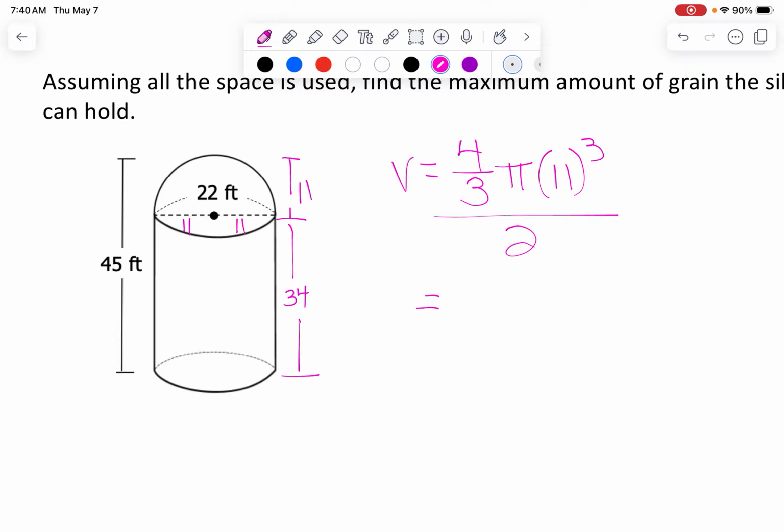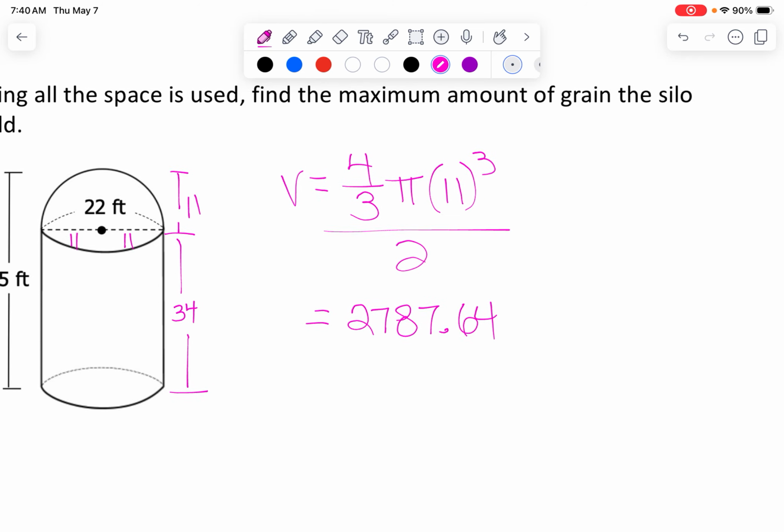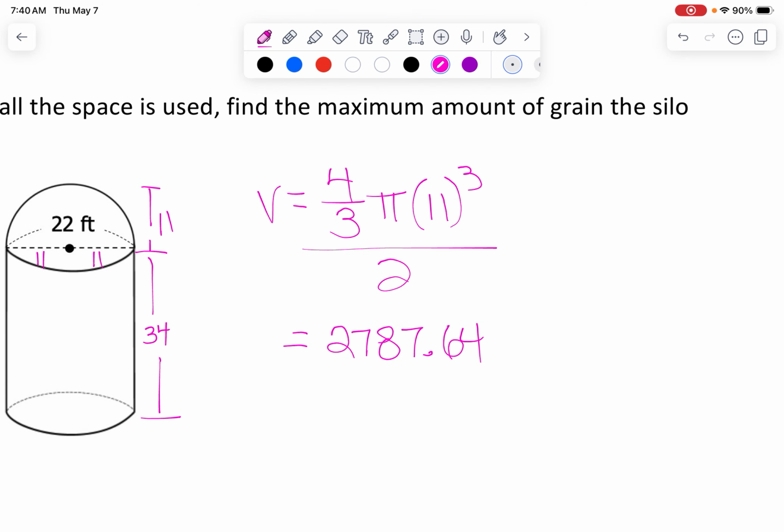Okay, so if I do that, let's see what we get here. It's like 2787.64. Okay. Now, let's try the other one.